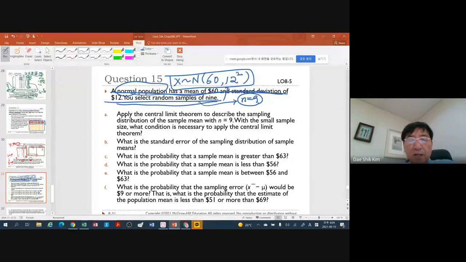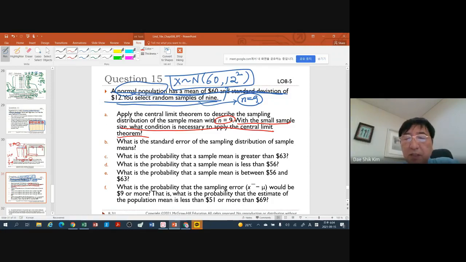Part A. Apply the central limit theorem to describe the sampling distribution of the sample mean with n equals 9. With a small sample size, what condition is necessary to apply the central limit theorem? Can we use a small sample size, n equals 9?